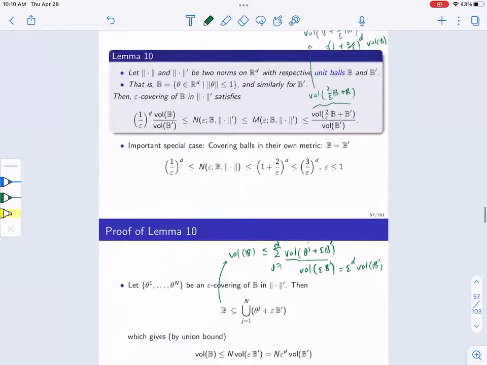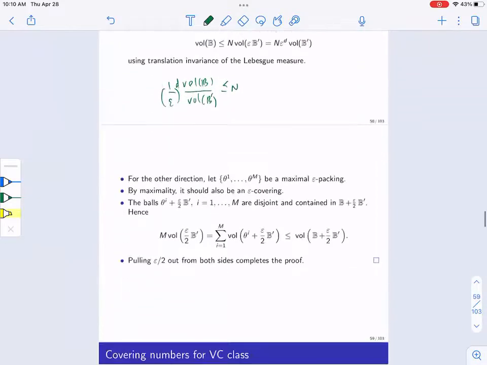For the upper bound, you're going to do a packing. You're going to construct a maximal packing. So let theta 1 up to theta n be a maximal epsilon packing. By maximality, it should also be an epsilon covering, which we saw. And then if I put a ball of radius epsilon over 2 around every point, these are going to be disjoint. Again, we saw that.